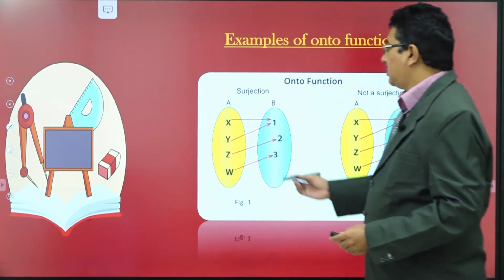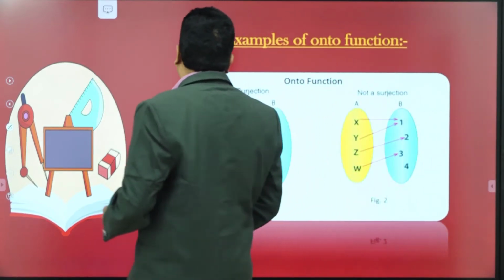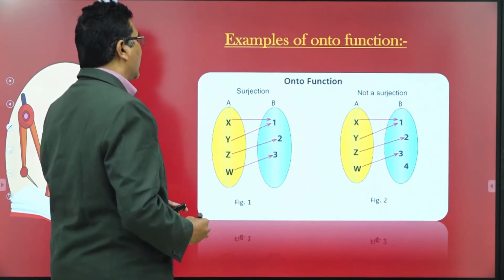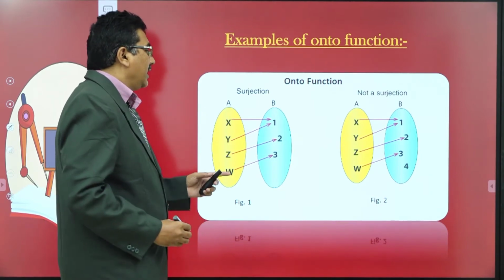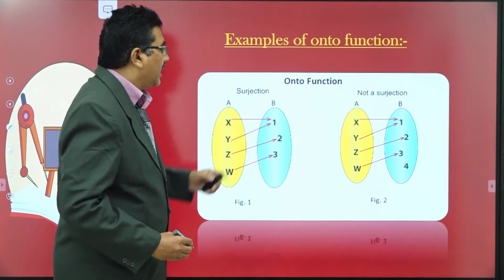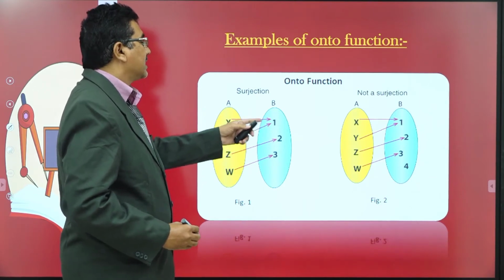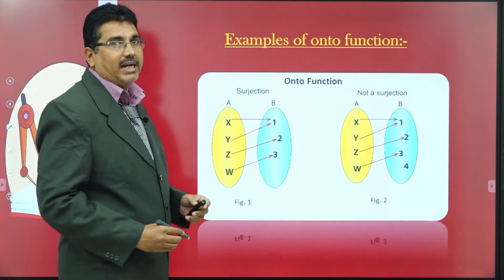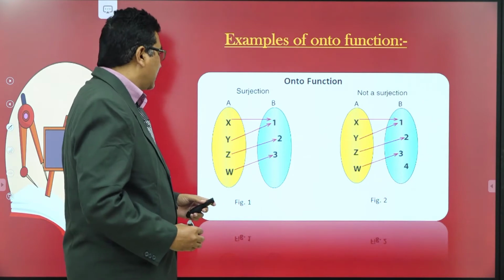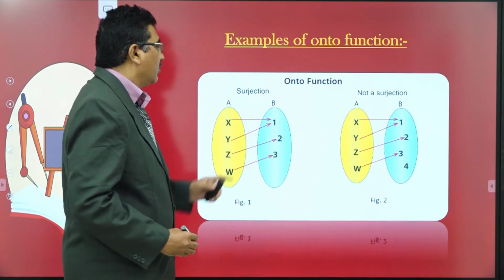Now see one example. This is an example of an onto function. In this, every element of B has a pre-image in the domain such that f of a is equal to b.